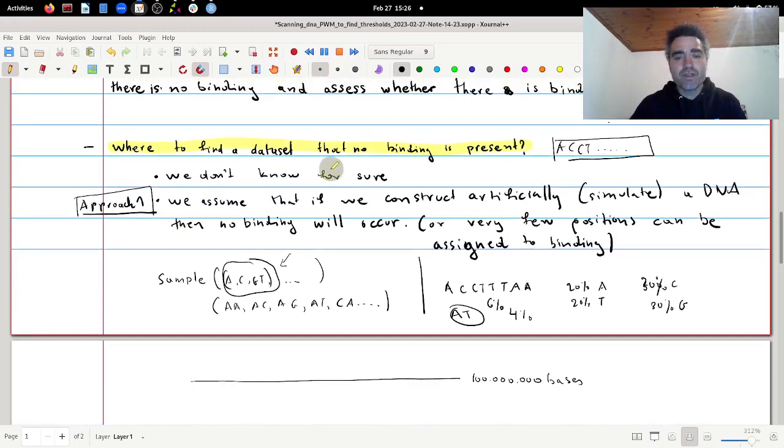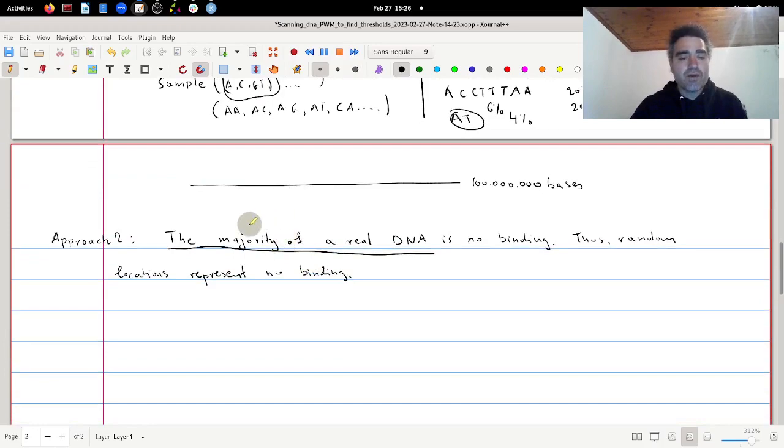Okay, in both of the cases, so either approach 1 or approach 2, we managed to get many scores conditional on the hypothesis that there is no binding.